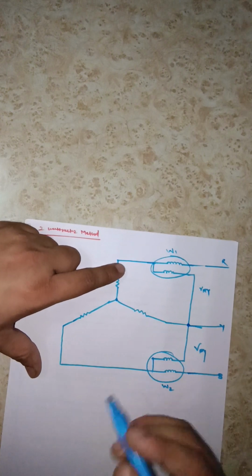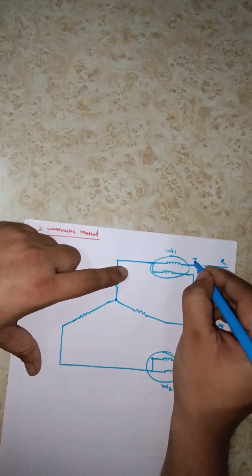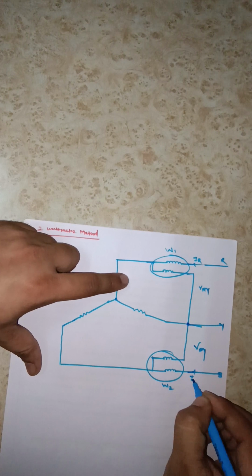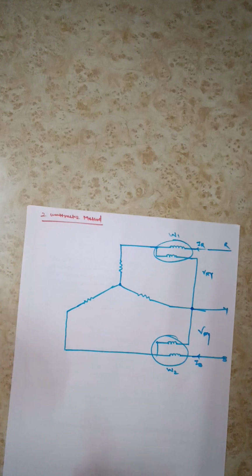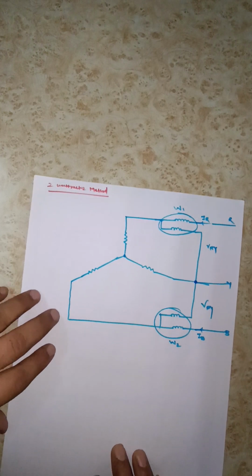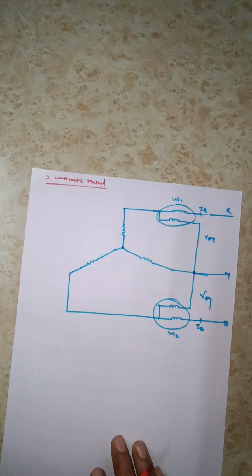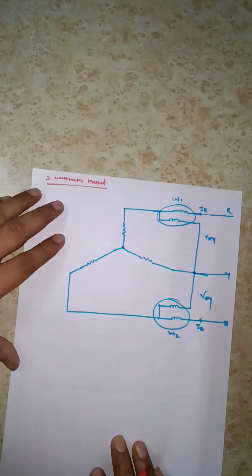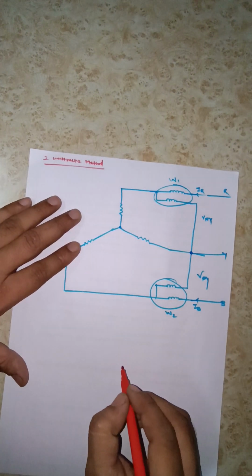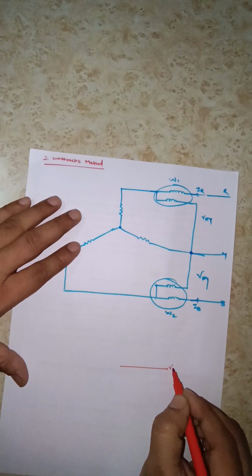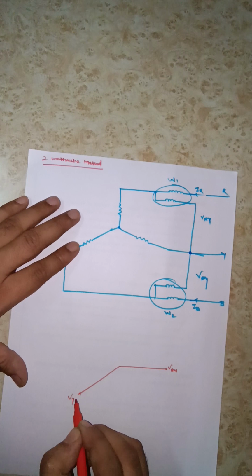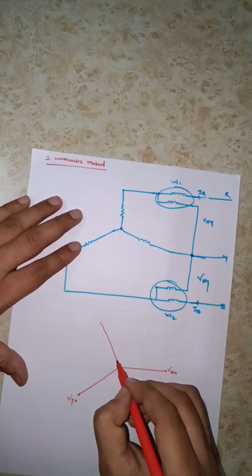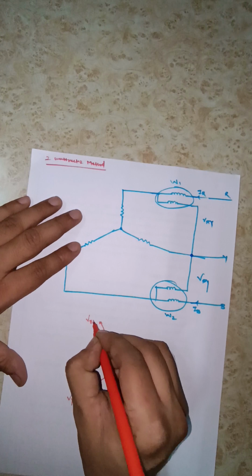We will draw the phasor diagram. Here the currents flowing are IR and IB, and the Y point is common. First of all, we have to draw the phasor diagram for this. Let us draw VRN, VYN, VBN.